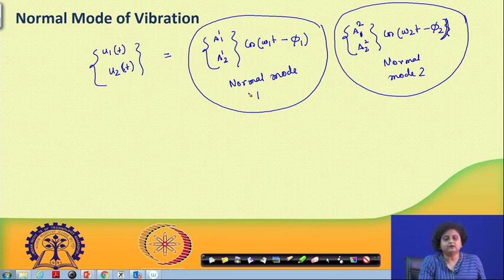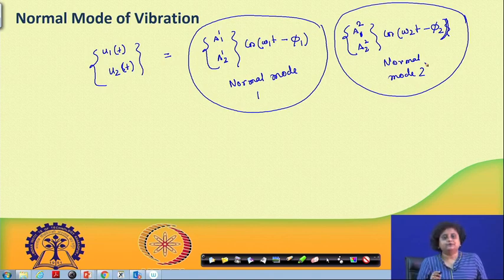So, this is an allowable normal mode, and this is another allowable normal mode solution. Both of these are solutions of the equation of motion. Therefore, these are acceptable solutions of the equation of motion under normal mode of vibration.